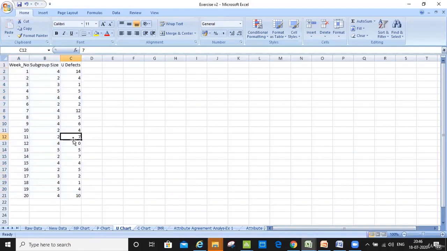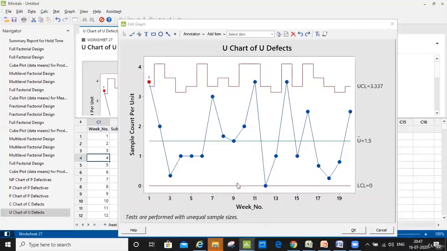However, here the subgroup size was 2 and here the subgroup size was 4. So it depends upon the subgroup size as well to calculate how many defects we have come across. That's why this might be in decimal.